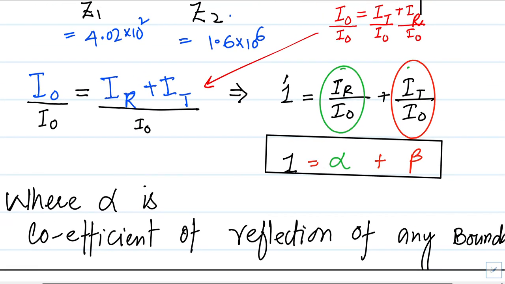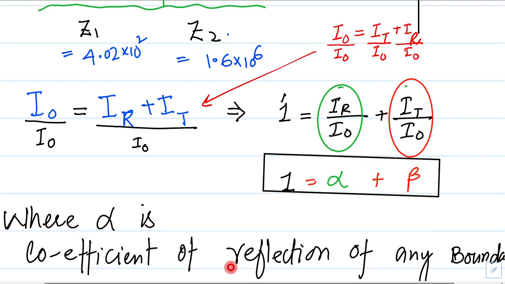The alpha is actually the coefficient of reflection for any boundary. Alpha is the coefficient of reflection. Why? Because alpha is equal to the intensity reflected divided by the intensity of the incident wave. That means alpha defines how much is reflected relative to the incident.